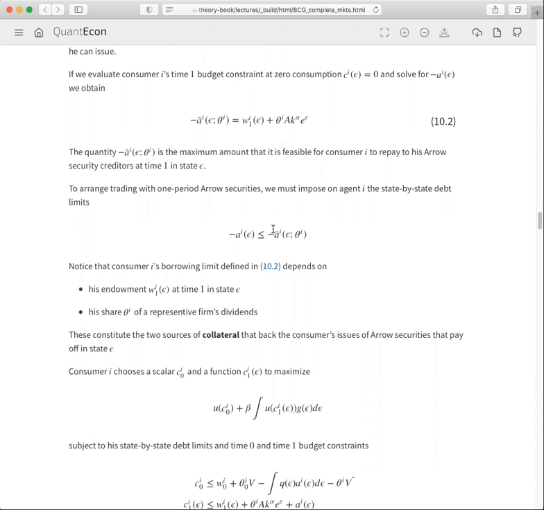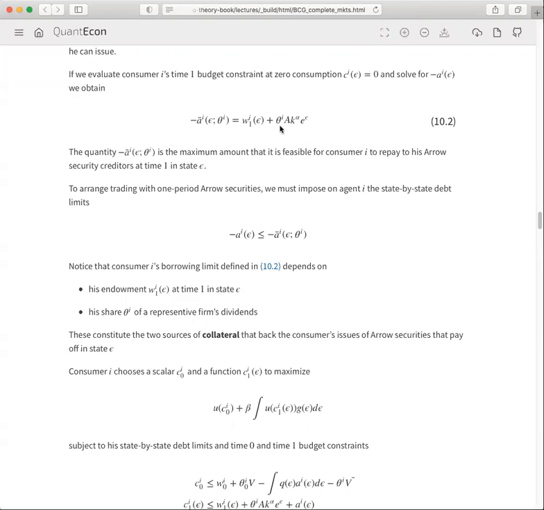What's kind of nice here is if we stare at this, look at what his borrowing limit depends on. It depends on his time 1 endowment, and then it depends on his share of a representative firm's dividends. I could have put a big K there perhaps, because this little k is chosen by the firm. He doesn't choose this.